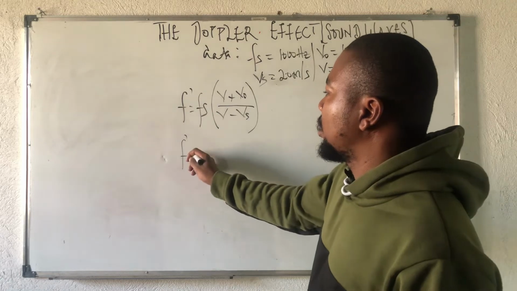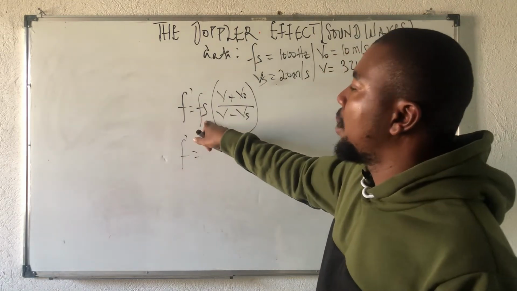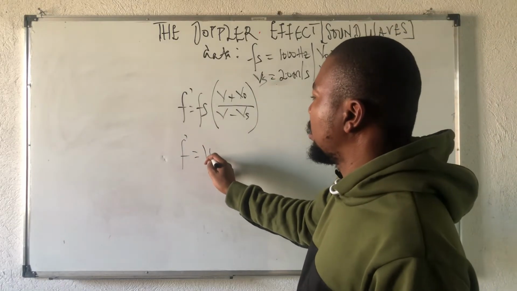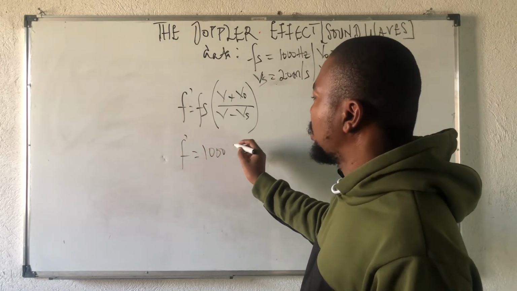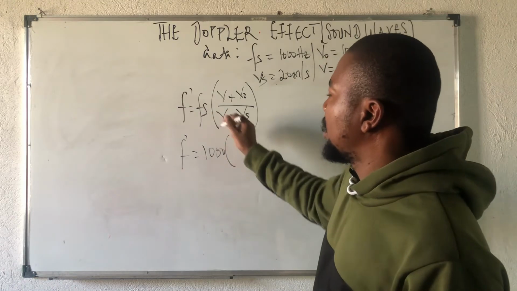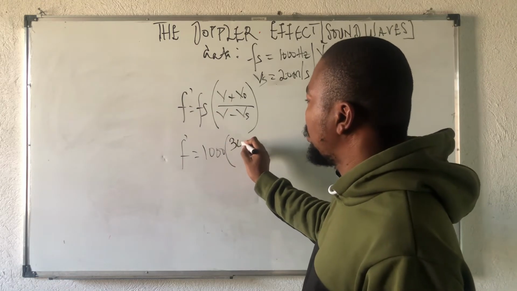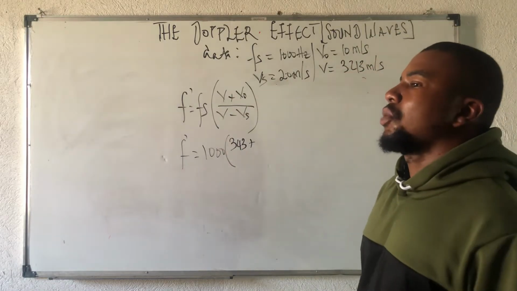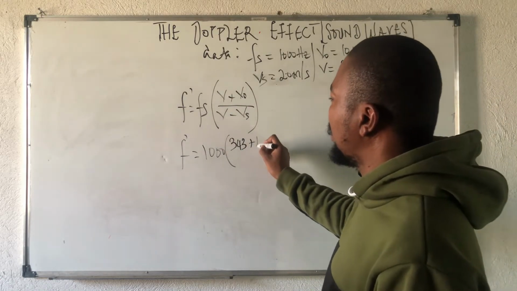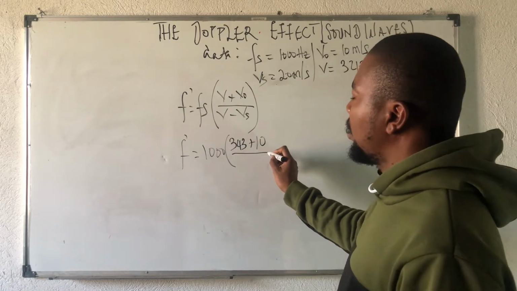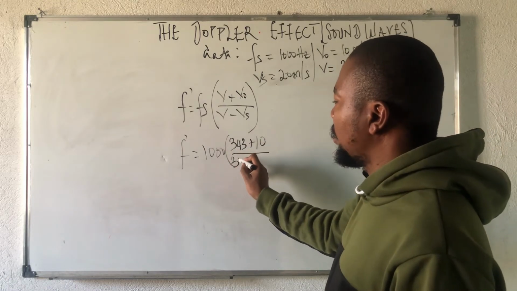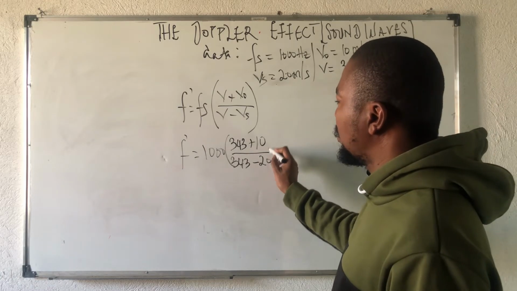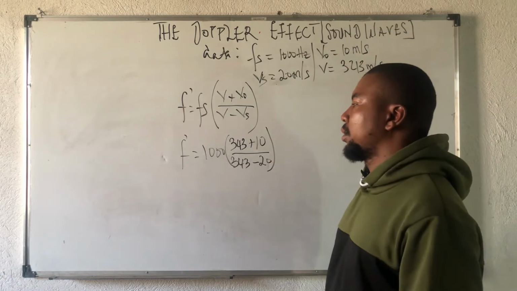In this case, our frequency of source is 1000 hertz. So 1000 multiplied by the speed of sound in air, 343, plus the speed of the observer, which is 10, all over 343 minus 20, which is the speed of source.